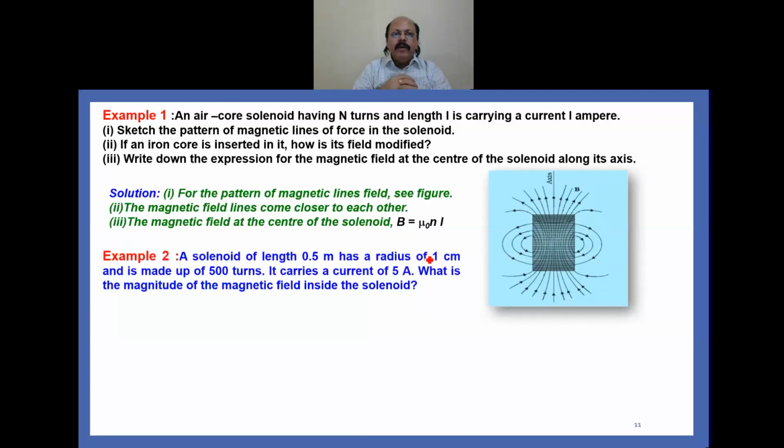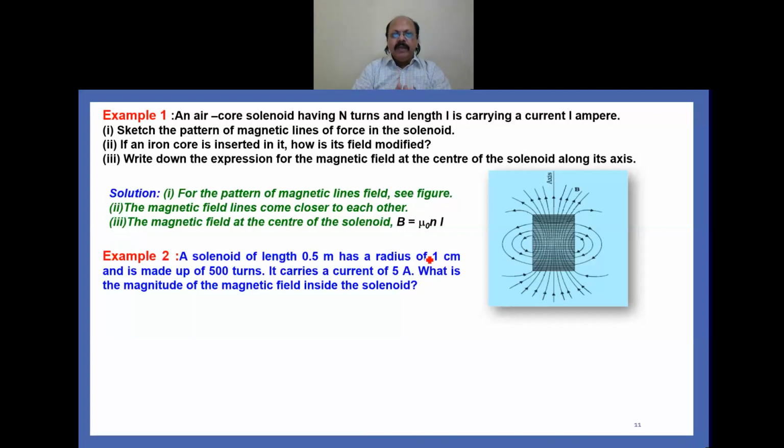Now the second problem: a solenoid of length 0.5 meter has a radius of 1 centimeter and it is made of 500 turns. It carries a current of 5 ampere. What is the magnitude of magnetic field inside the solenoid?